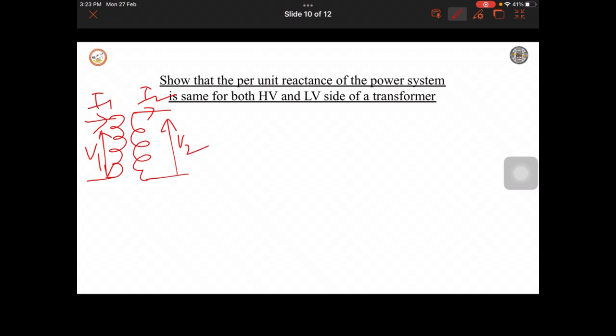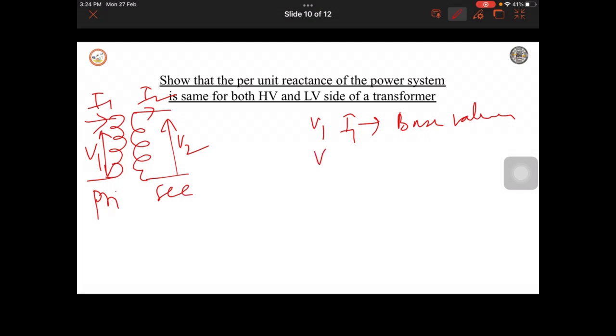These V1, I1, V2, I2 are the voltages and currents in the primary and the secondary. V1 and I1 are nothing but base values of the primary winding, and V2 and I2 are the base values in the secondary winding.